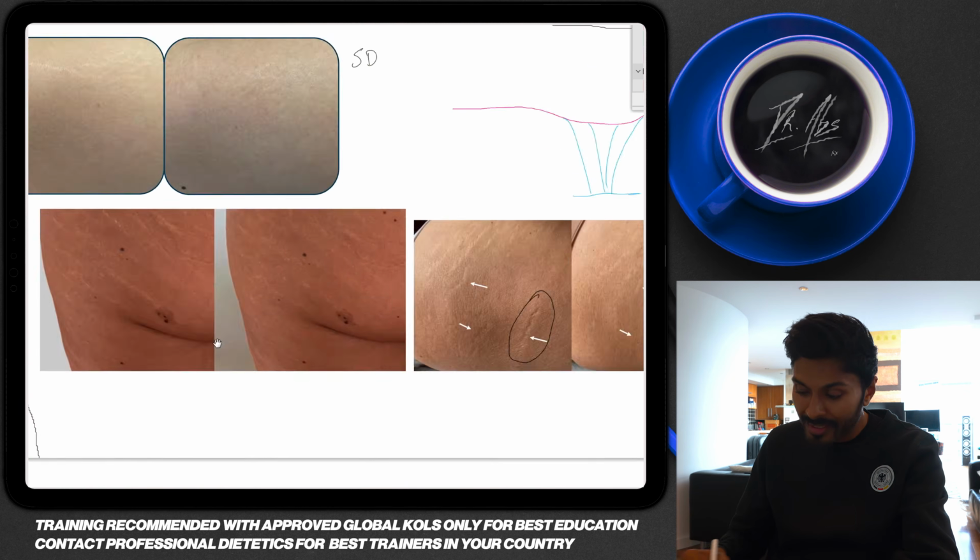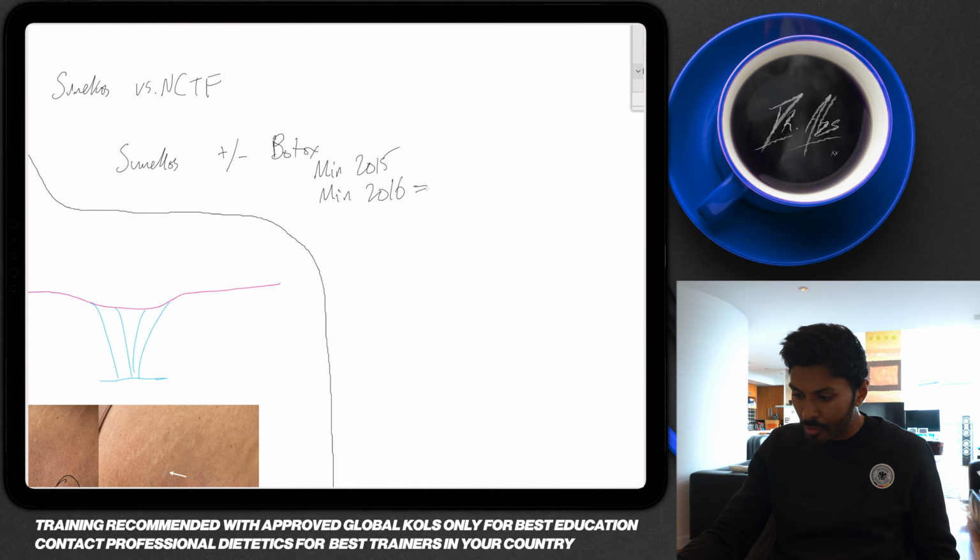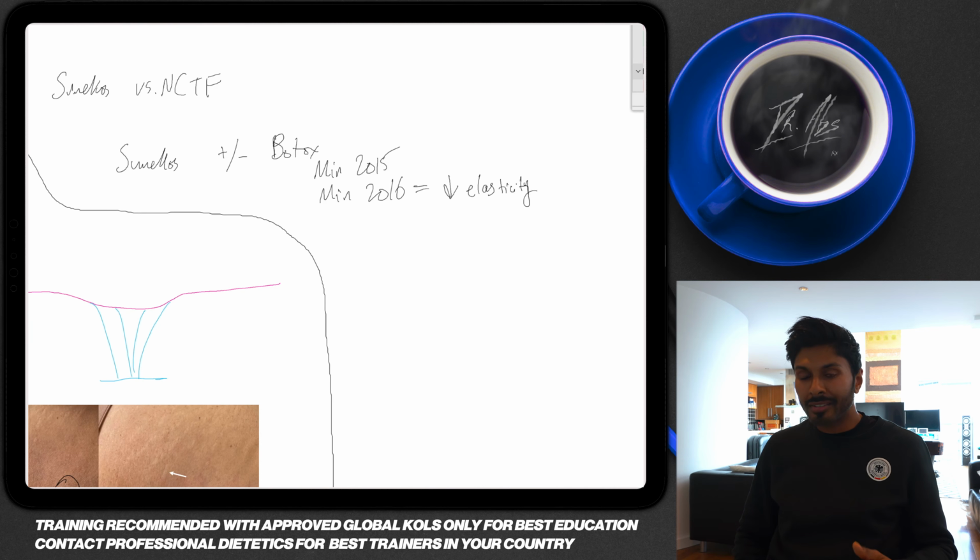And that's exactly the data that was found. Min 2016 showed that Botox reduces elasticity in the skin, right? It reduces biological elasticity, net elasticity, and viscoelasticity in the skin. These properties were observed after botulinum toxin type A injection in Min 2016.